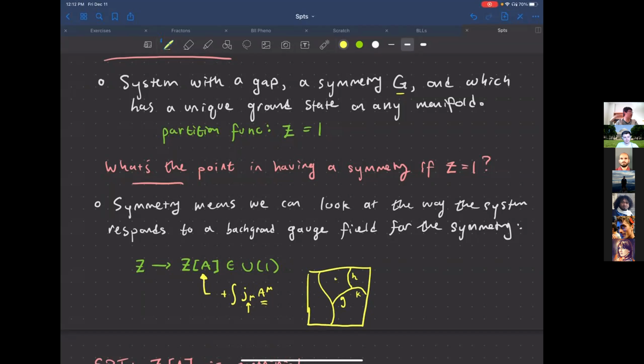So as I pass from this region of the system to this region of the system, I get acted on by some representation of this group element here. So it's essentially like inserting domain walls.